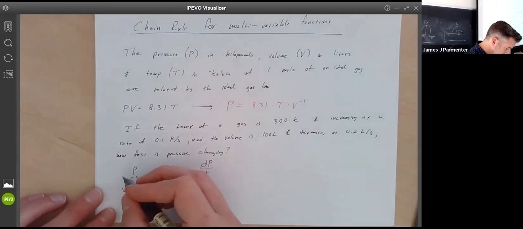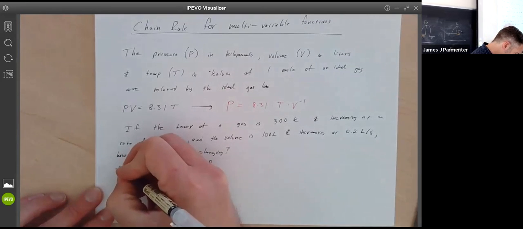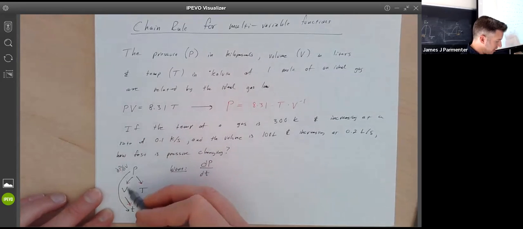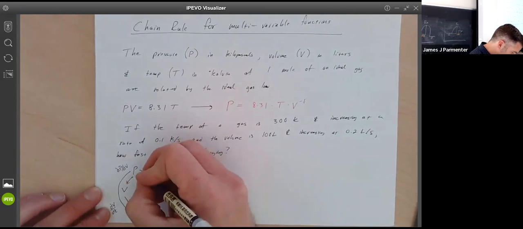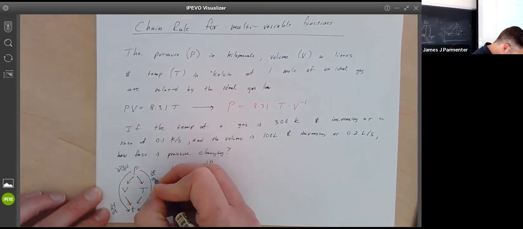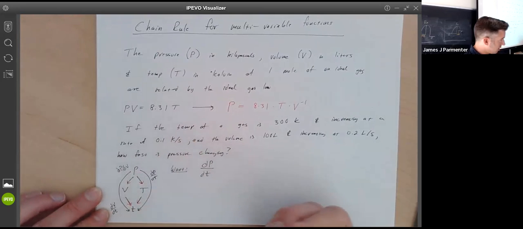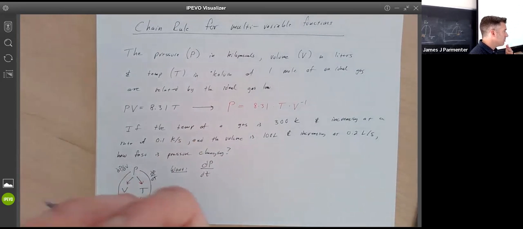So this first path, I'm going to have del P del V, that's how P depends on V. And then the second part of it is dV dt. This other path, I'm going to have del P del T, big T, del P del temperature, I should say. It's terrible when they use T for temperature and T for time, but it's pretty typical.